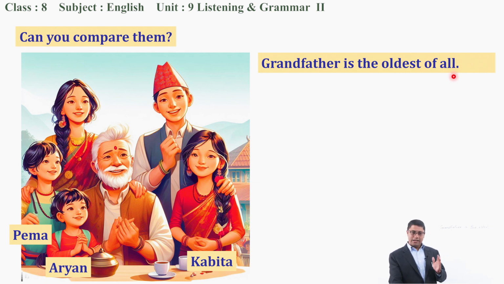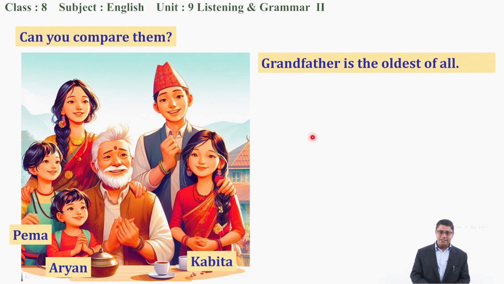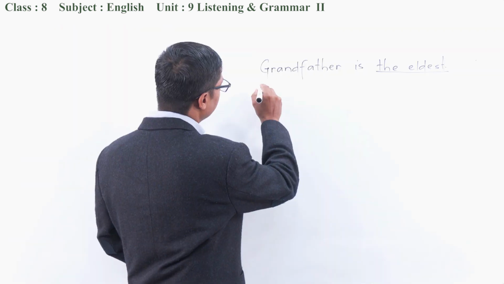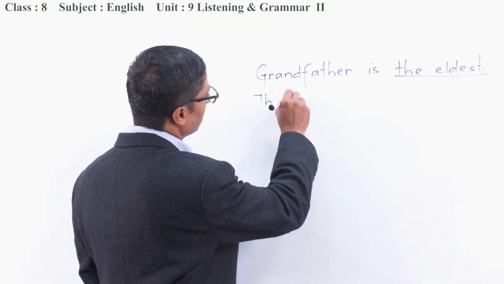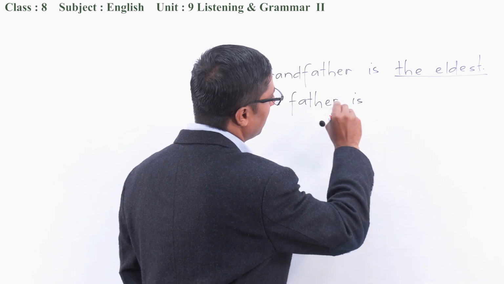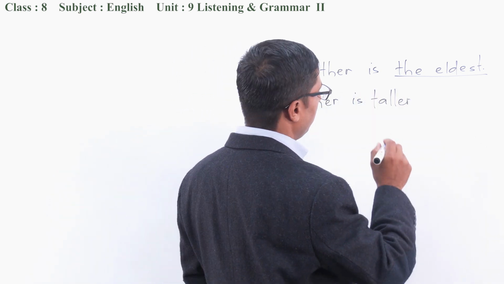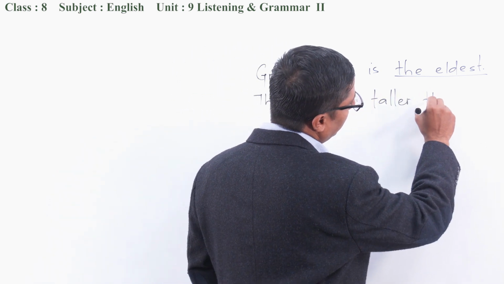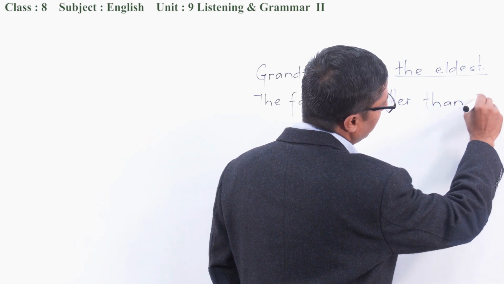That's fine. Now, can you say the next sentence? Can you make the next comparison among all the members? All right, you said the father is taller. The father is taller than the mother.